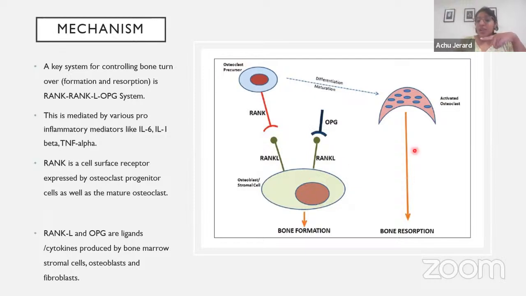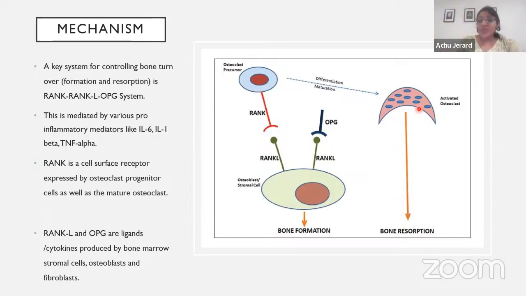Once bone resorption happens, you know there are organic components in the bone, the organic part of the bone, no? It has BMPs, that is bone morphogenetic proteins, and certain other proteins, which will be released. Once resorption happens, this organic matrix degrades, releasing the proteins out.